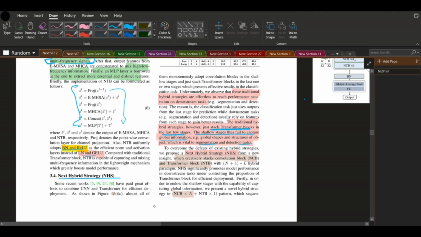So they decided to come up with a strategy to combine the layers that capture local information along with the components that capture global information. They creatively stack convolutional blocks and transformer blocks with the (N+1) times L hybrid paradigm.